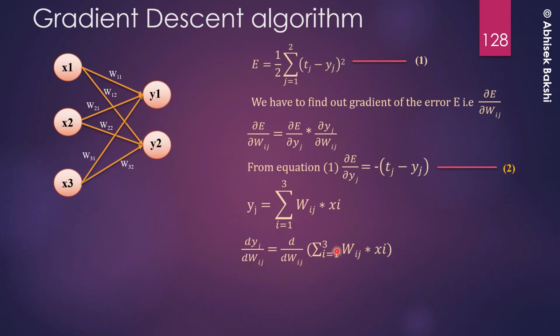This wij will cancel. It's 1. Whatever, doesn't matter, i from 1 to 3, so only xi will be left. That means the derivative of yj by the derivative of wij is nothing but only xi.